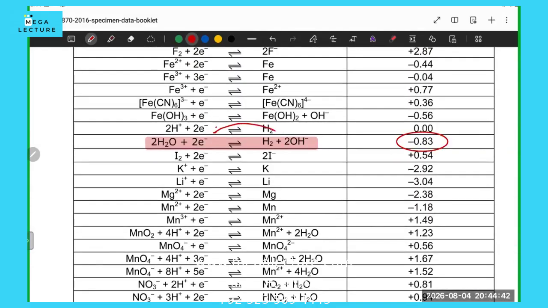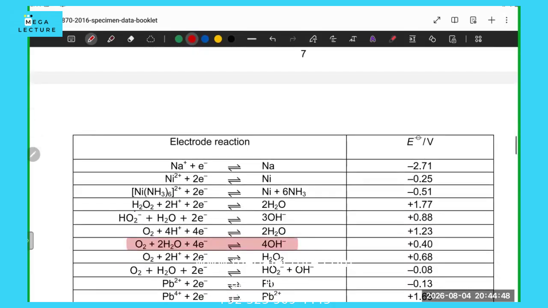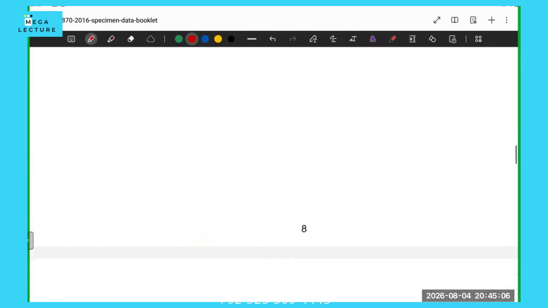Hydrogen is the one that's going to lose electrons. And the other value is the higher one, the oxygen one, which is going to gain electrons. The only difference is that since it's alkaline, I've just used the oxygen and hydrogen equations where OH ions are present. Is this clear? Yes.